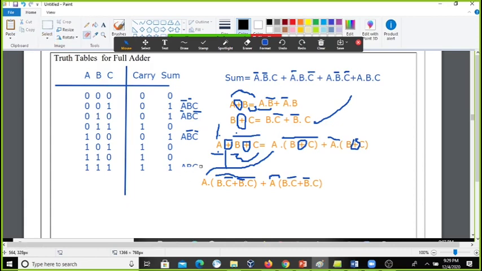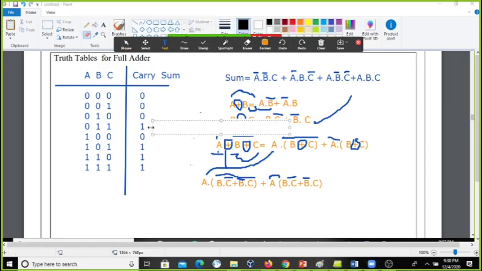Now I just erase this. Now we have to get the expressions for this.